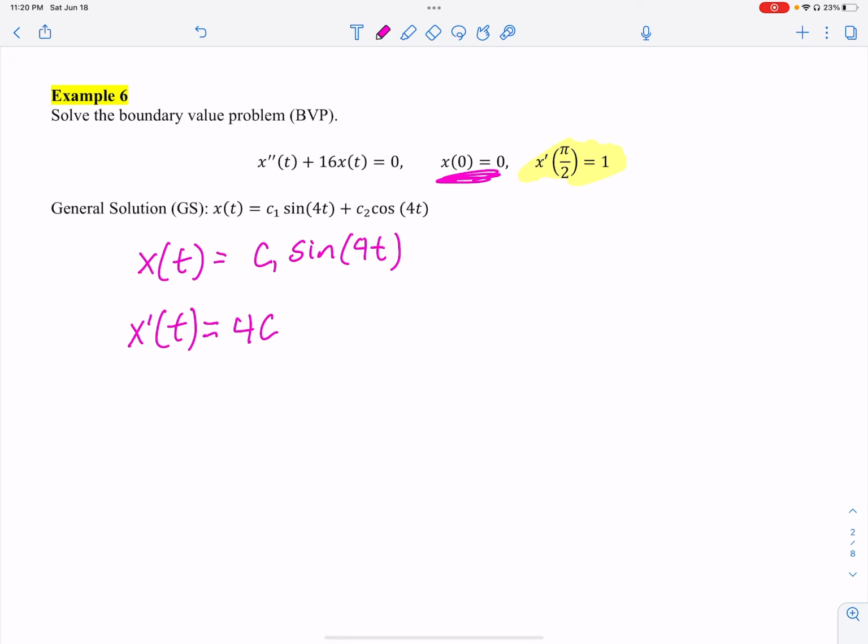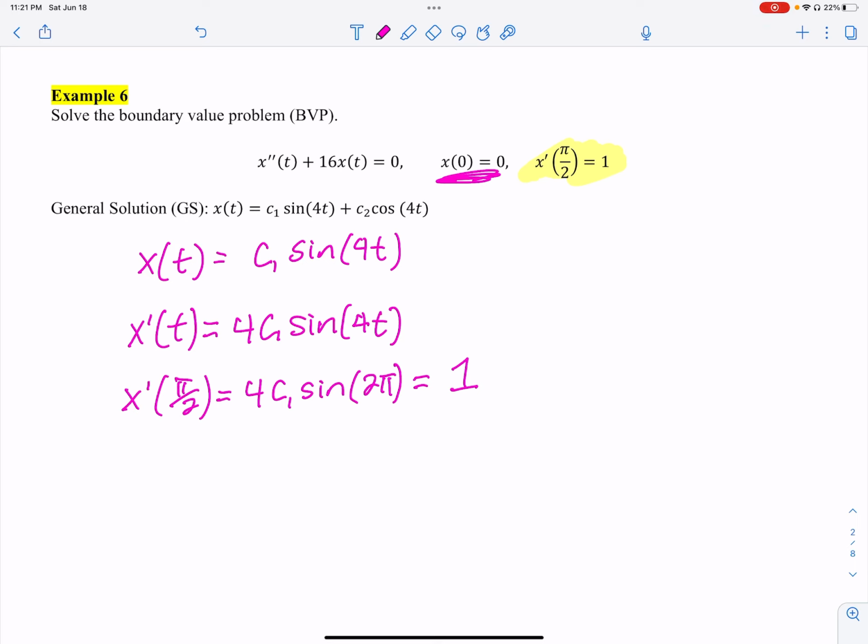We're going to get 4C1 sine 4t. And we're going to plug in values here. So plugging in pi over 2, we get 4C1 sine, and plugging in pi over 2, we get 2 pi, and that's supposed to equal 1.